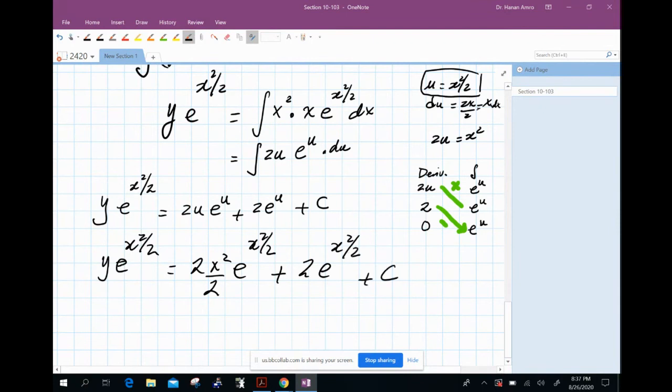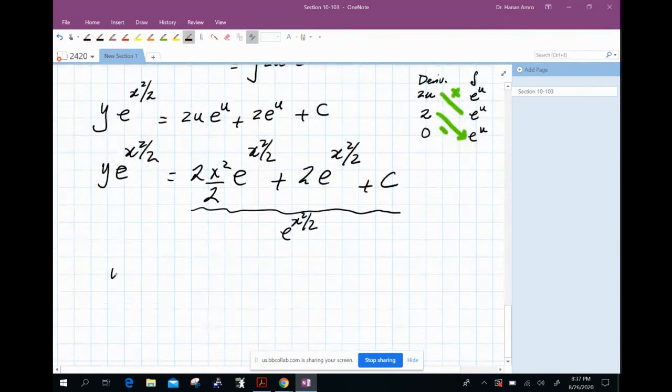Now, you can simplify by dividing by whatever you have on the left side, which is your y. So it's very important that you divide. You divide not by y, I'm sorry, we're supposed to solve for y. We divide by e to the x squared divided by 2.